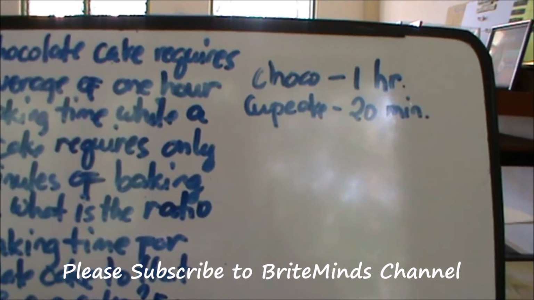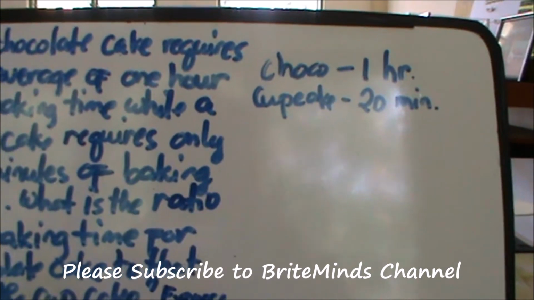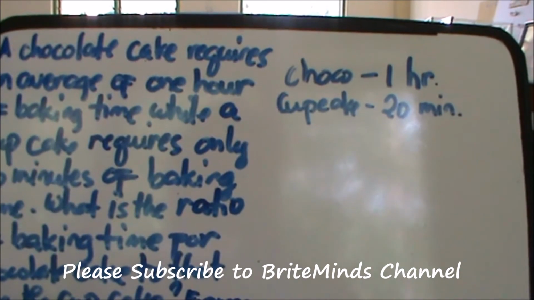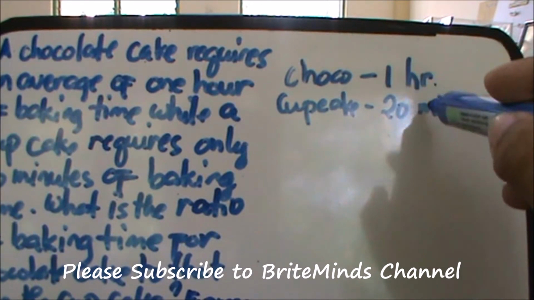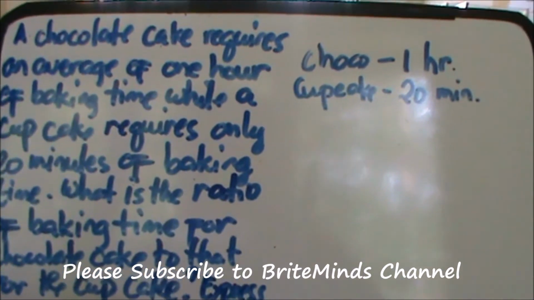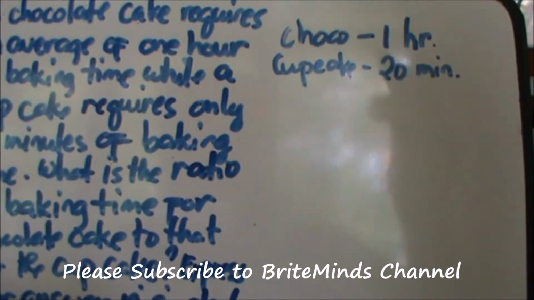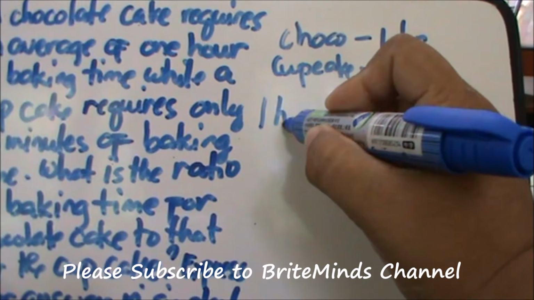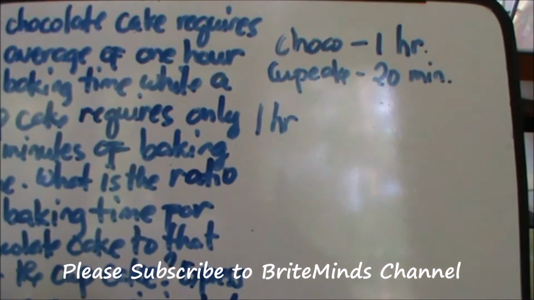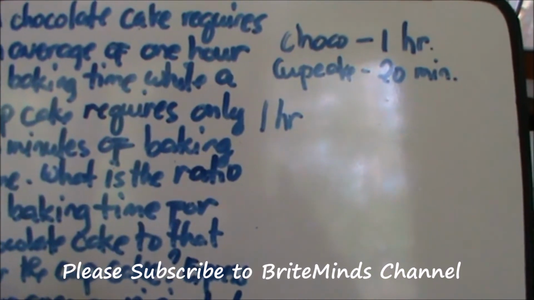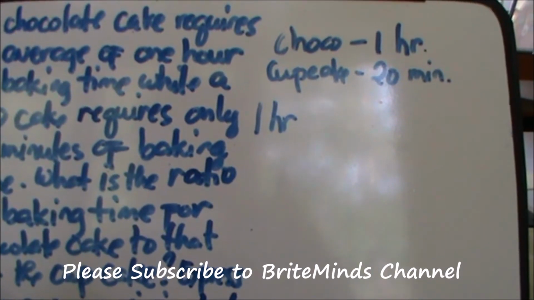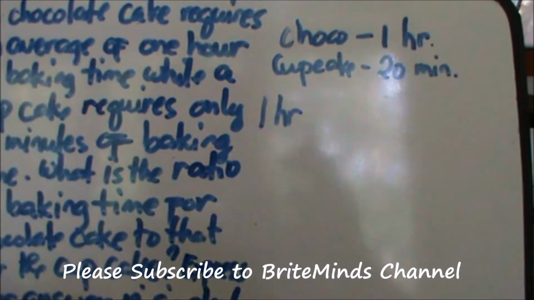As I discussed a while ago, a ratio is the relation between two numbers of the same measurement or the same kind. This one is not the same, hour and minutes. So what are we going to do? We need to convert the 1 hour into minutes. We know that there are 60 minutes in 1 hour.